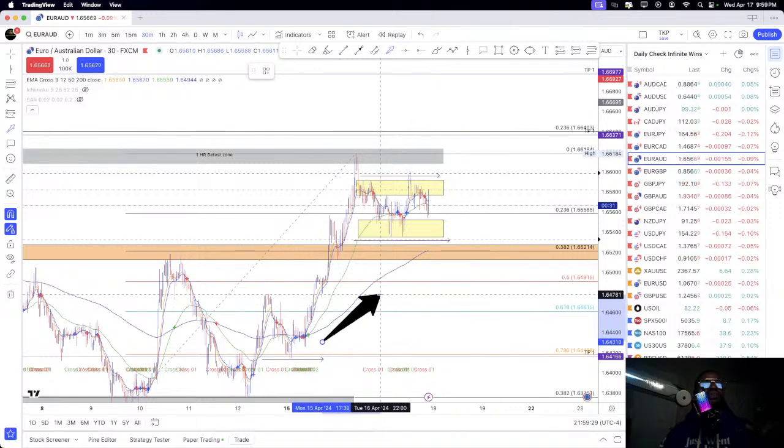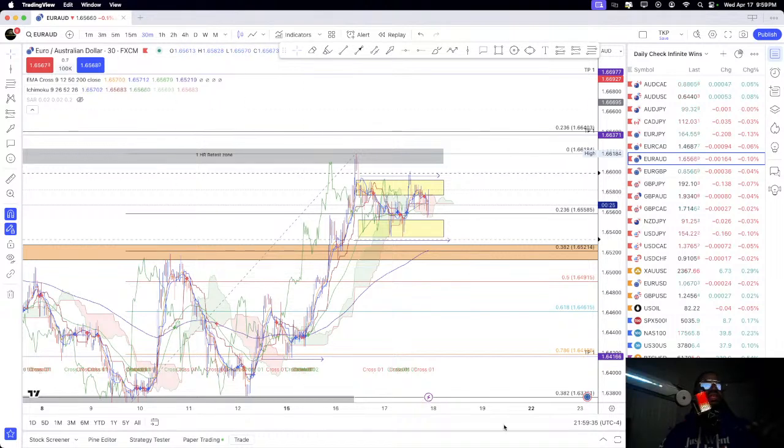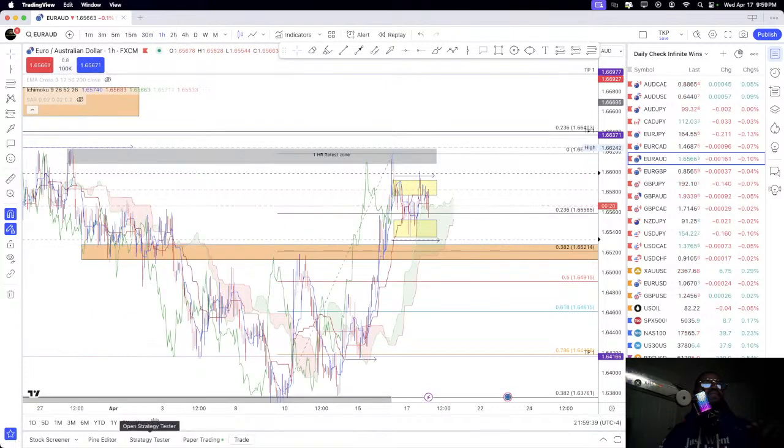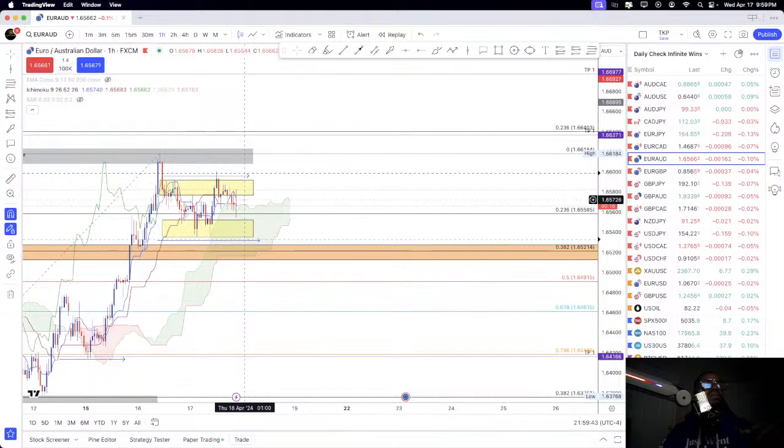So right now the momentum is still bullish for the EMAs. And if we go to the higher time frames and look at this cloud, it's showing that this area is an area of support.